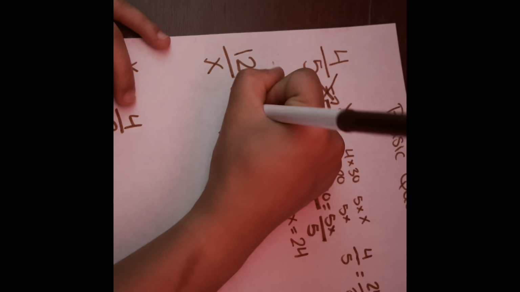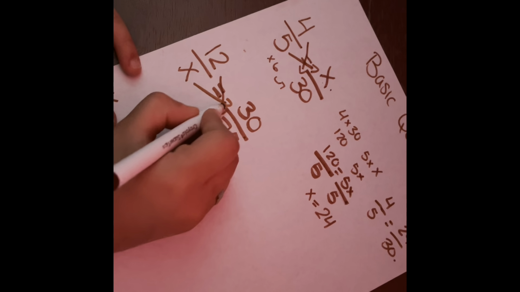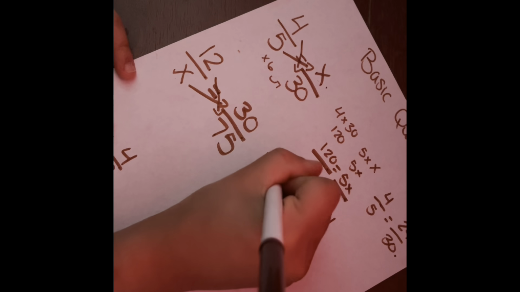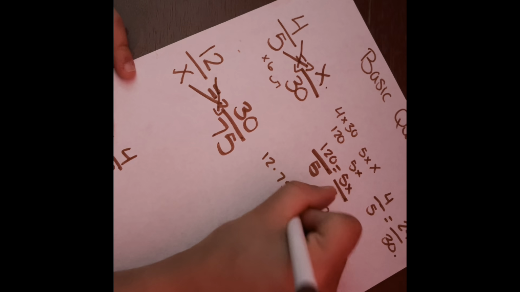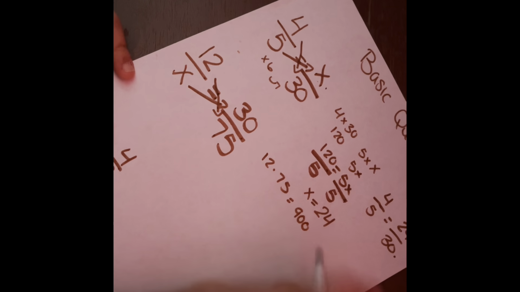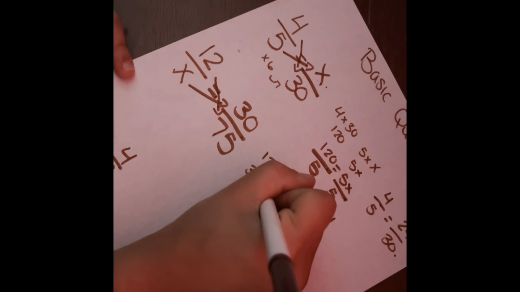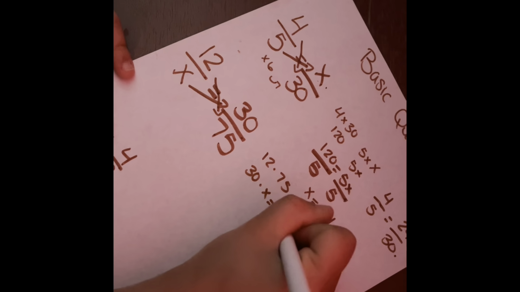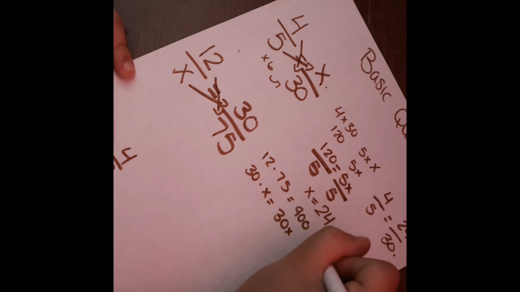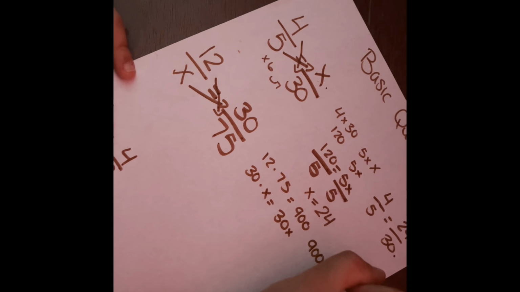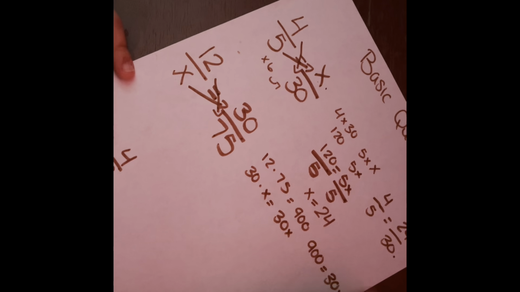So 12 times 75 and 30 times x. 12 times 75 equals 900, and 30 times x equals 30x. So now you would get 900 equals 30x.